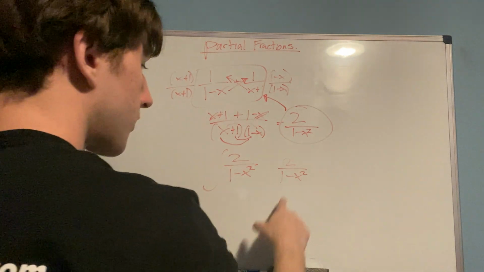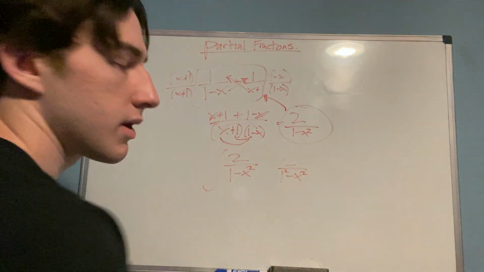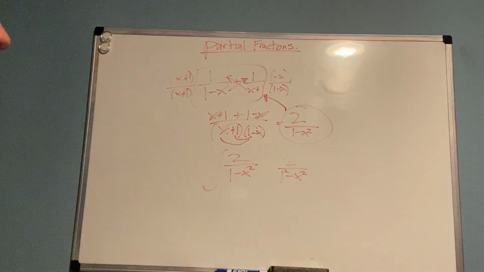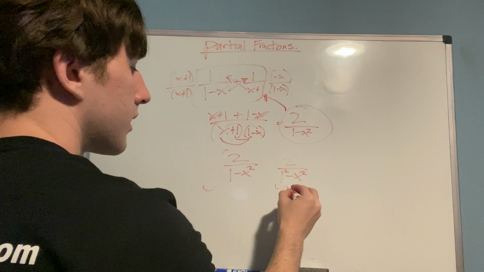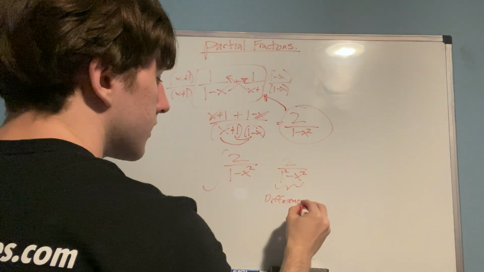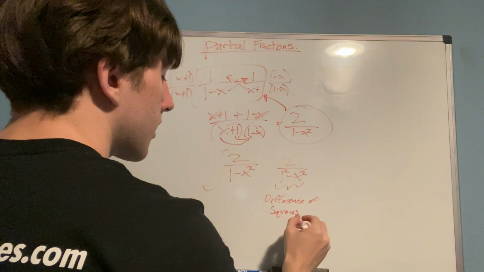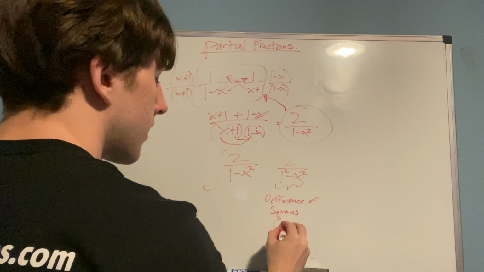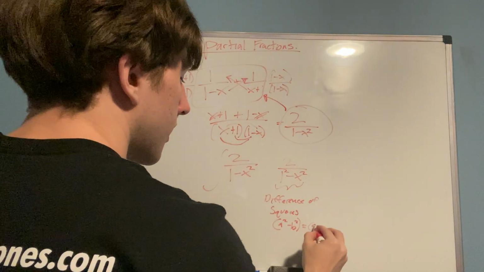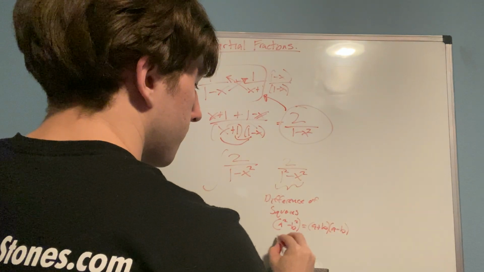And so you can treat this 1 as a 1 squared, because 1 to any power is just 1. So then what you have here is a difference of squares. Anything that is a difference of squares, a squared minus b squared, you would have a plus b times a minus b.